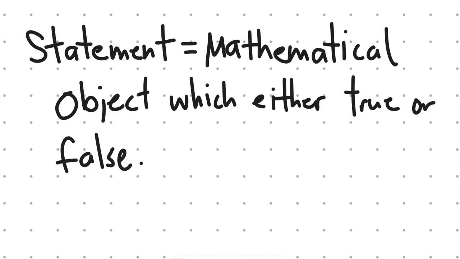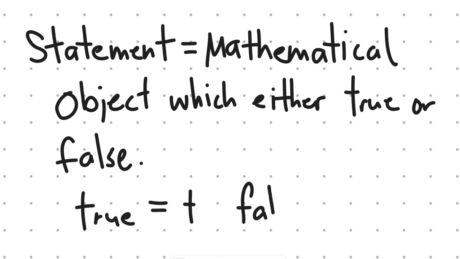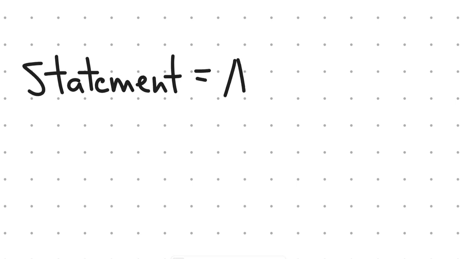Now, if it's true, I will say let true be T, and if it's false, I will say let false be F. So let's say a statement may be A. So A is a statement, and A can be true or false.